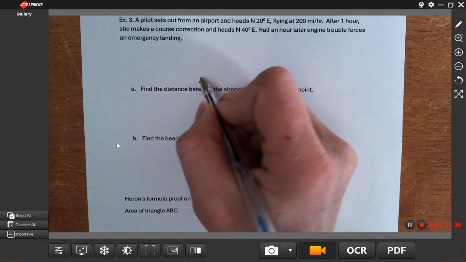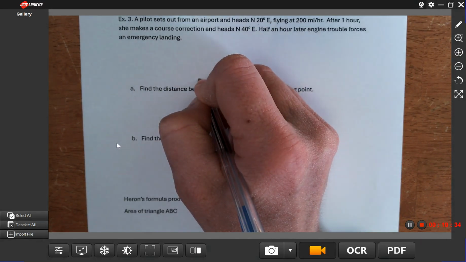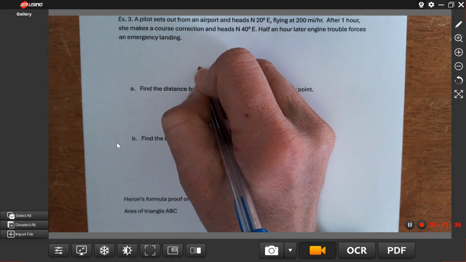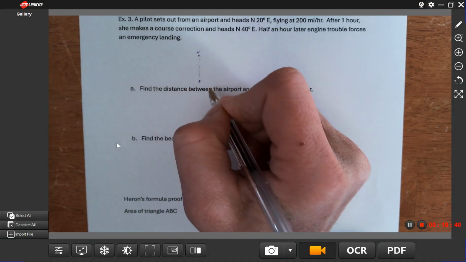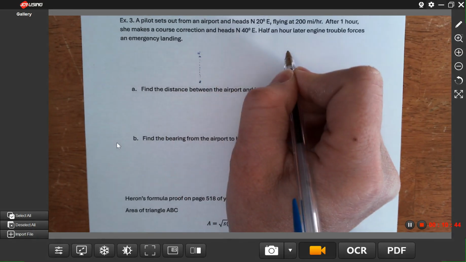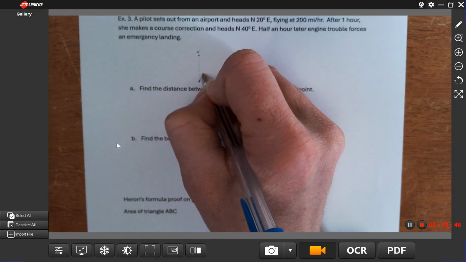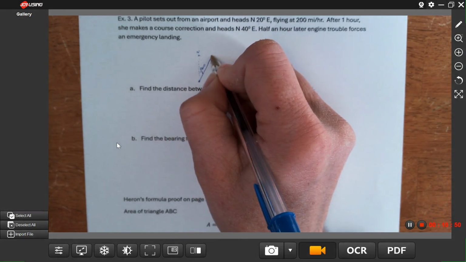So I'm going to draw dotted lines from my compass so that I don't make my diagram have too many solid lines on it. So that's north, and we're going to head 20 degrees toward the east, so that's this way. So this is 20, all right?